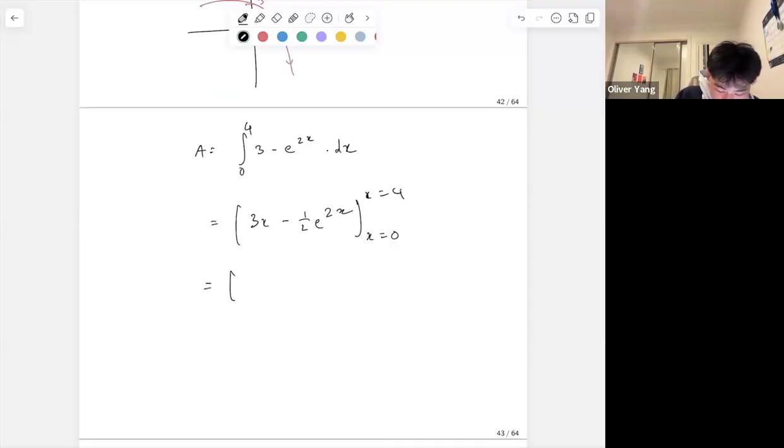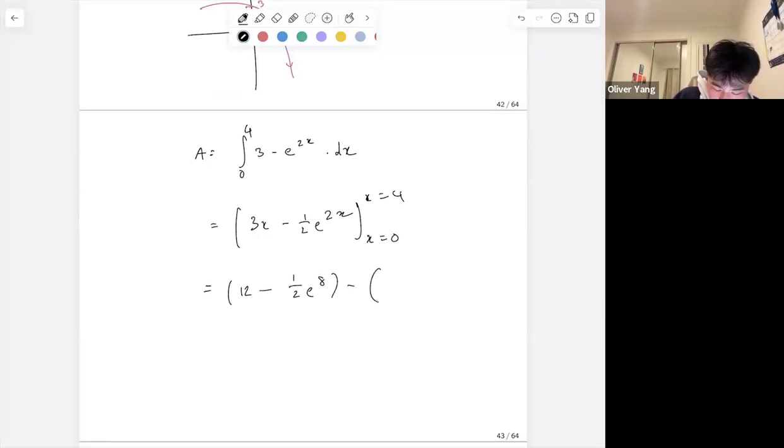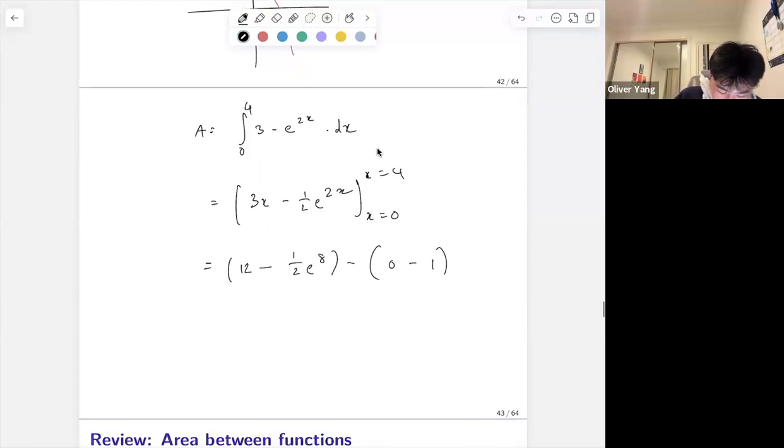It's going to be 12 minus 1 half e to the 8, minus, that's going to be 0 and that's going to be 1 half, so 0 minus 1 half. So we can easily say 12.5 minus 1 half e to the 8, something like that.